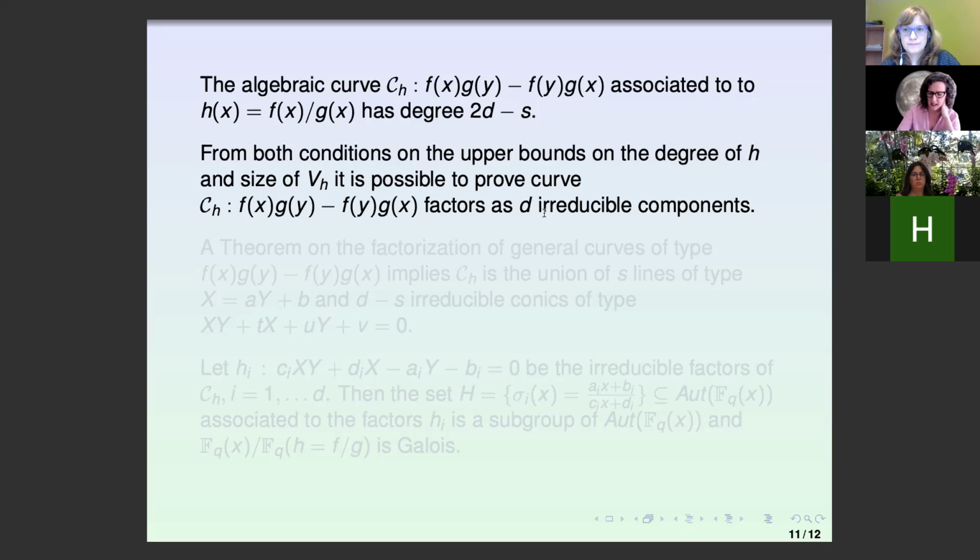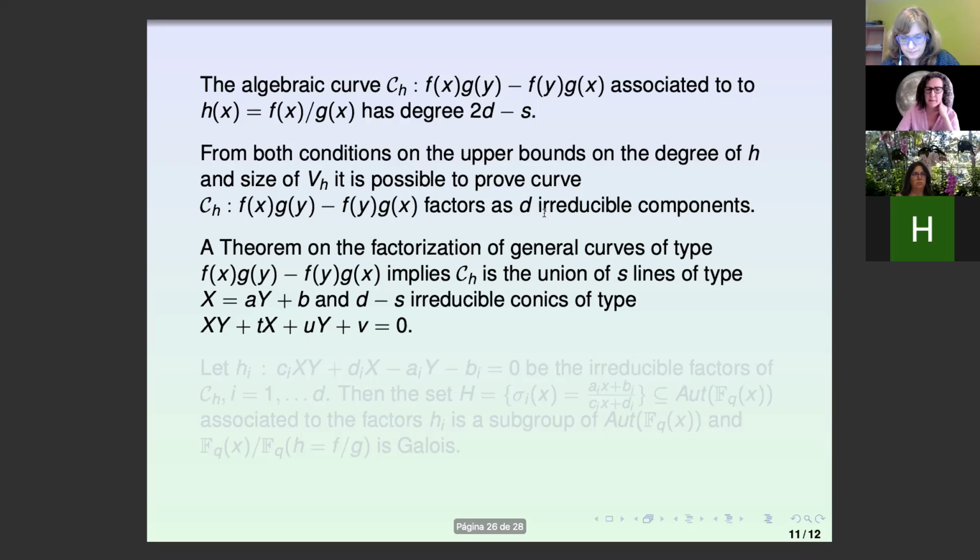And from a second theorem that I skipped, we can prove that all these irreducible components are lines or conics. So actually it factors into S lines and D minus S conics.